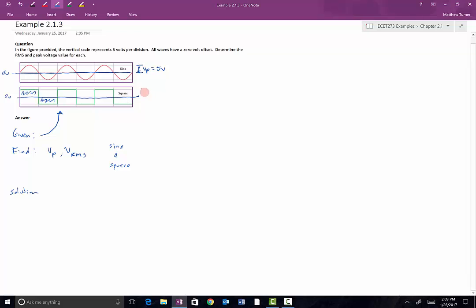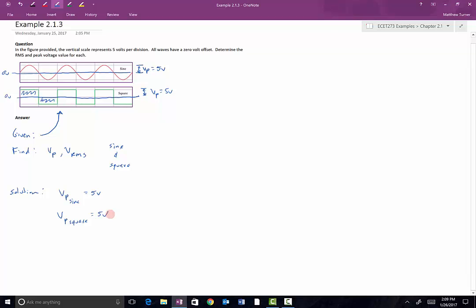So that also allows us to determine what the peak value for the square waveform is. It's also 5 volts. So just by inspection, we've been able to determine that the peak value for the sine wave equals 5 volts, and the peak value for the square wave is also equal to 5 volts.